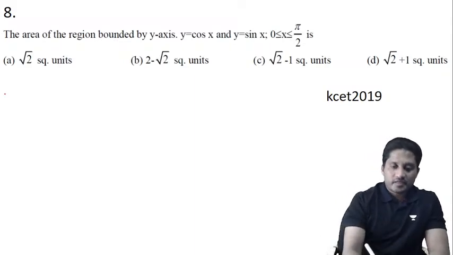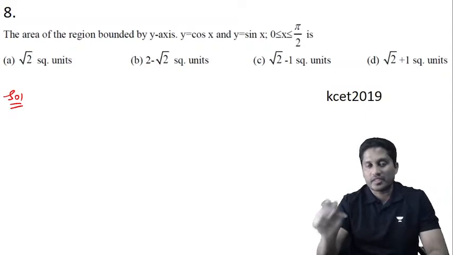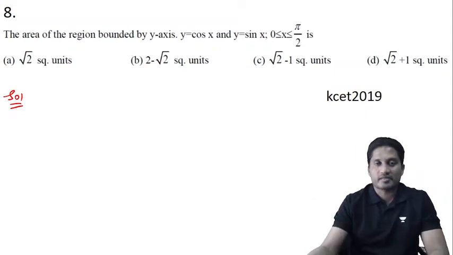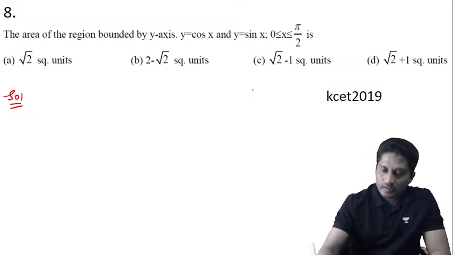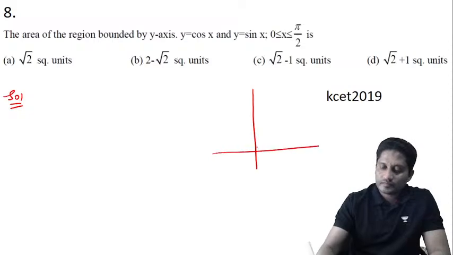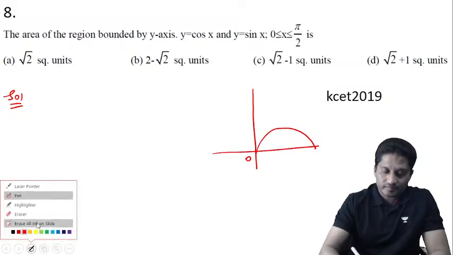Okay, question number 8. This was asked in 2019, again an NCERT exemplar question. This problem is same as there in NCERT exemplar. Area bounded between cos and sine between 0 and pi by 2 and y-axis. See, this is 0 to pi. This is sine graph.